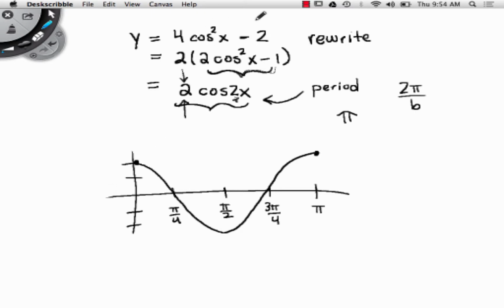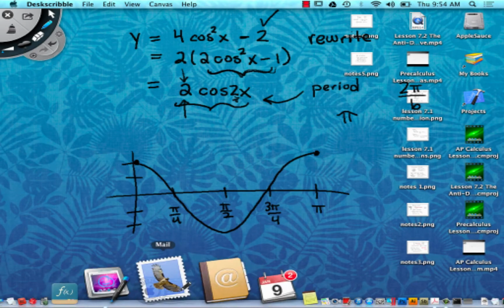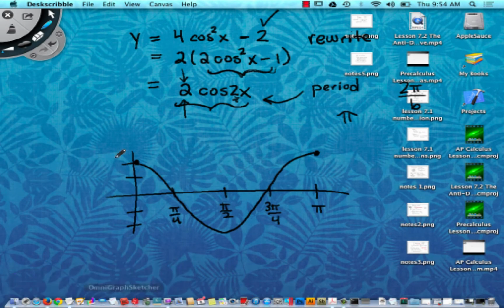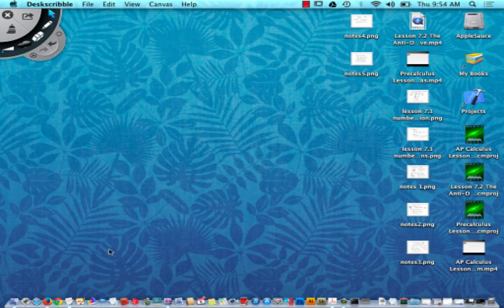And if you graph this in your calculator right here, 4 cosine squared x minus 2, you'll get exactly the same thing. I'm going to go ahead and do that. I'm going to show you that it's the same.